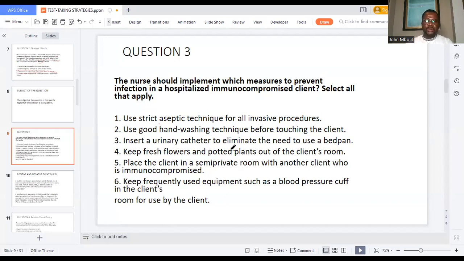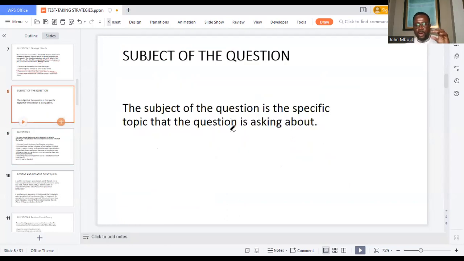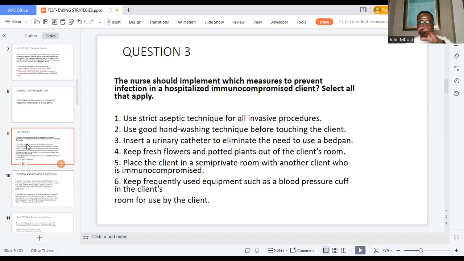Now, what are we talking about? What is our topic? Let's identify the subject of the question here. The subject of the question is prevention of infection, right? For whom?